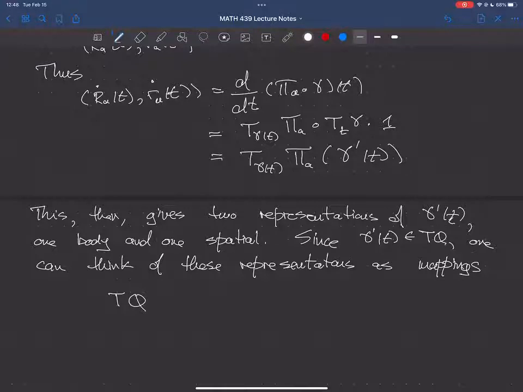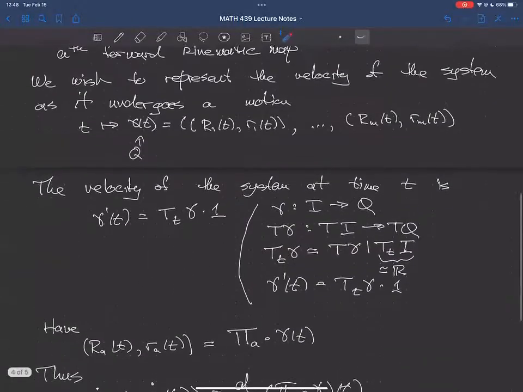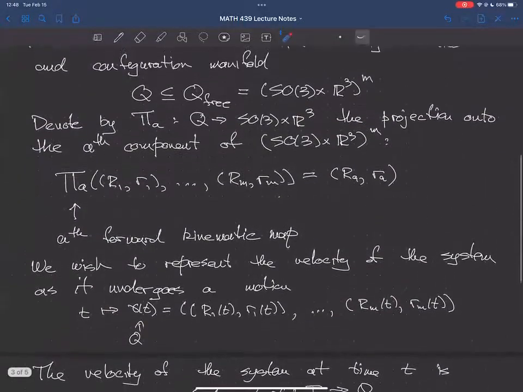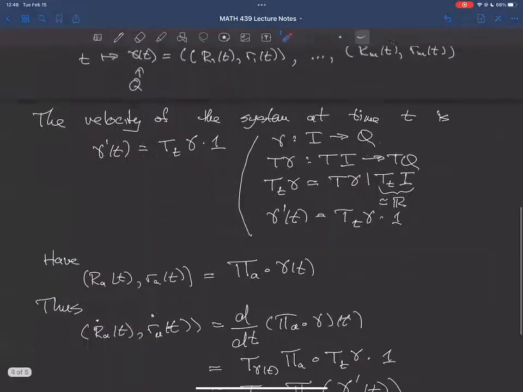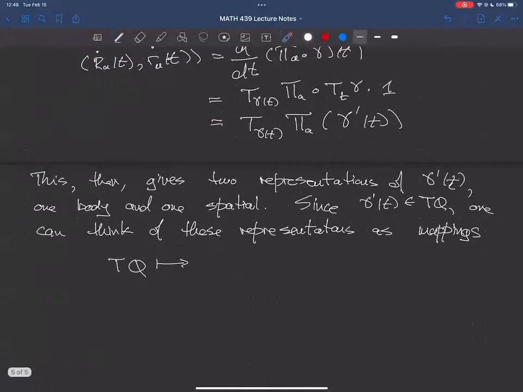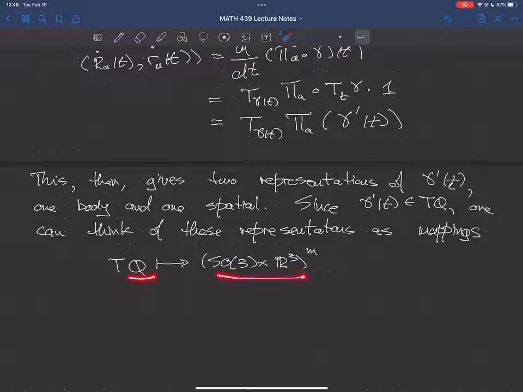Okay, and so these are going to map into, well, first, this is a tangent bundle, and so I'm going to need Q inside Q free, which is all of this, and this really is in SO3 cross R3 to the M. That'll be the Q part of the representation.